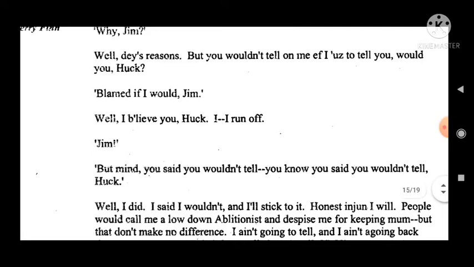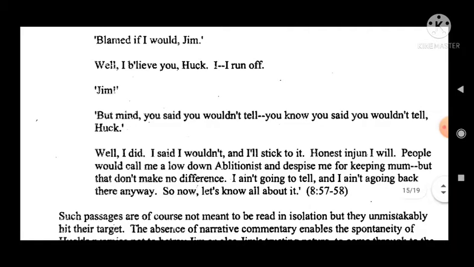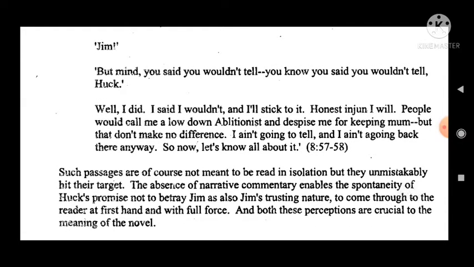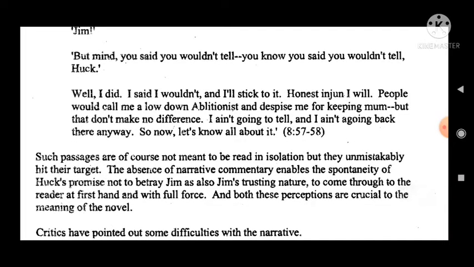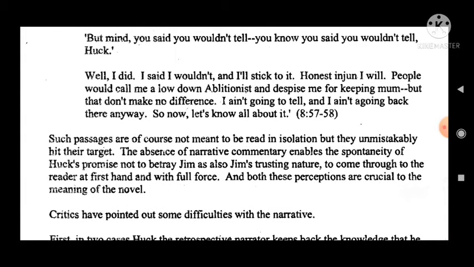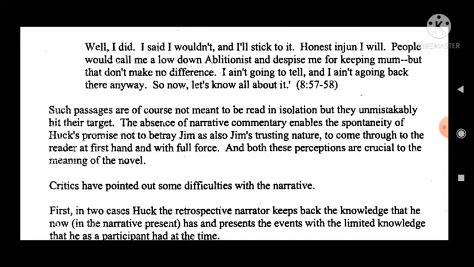"Blamed if I would, Jim." "Well, I believe you, Huck. I run off." "Jim, but mind, you said you wouldn't tell." "You know you said you wouldn't tell, Huck." "Well, I did. I said I wouldn't, and I will stick to it. Honest injun, I will. People would call me a low-down abolitionist and despise me for keeping mum, but that don't make no difference. I ain't a-going to tell, and I ain't a-going back there anyway. So now, let's know all about it."